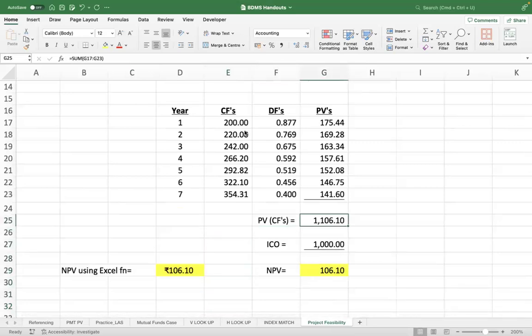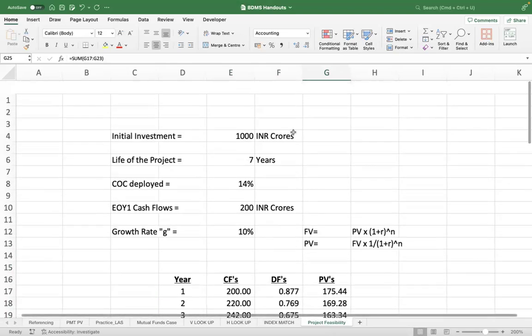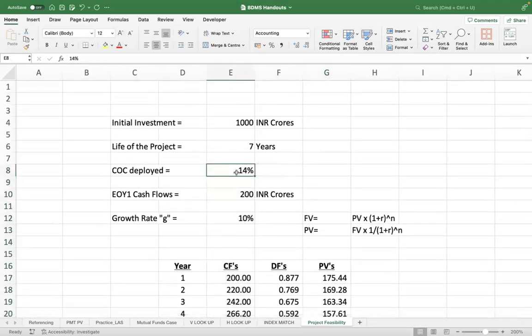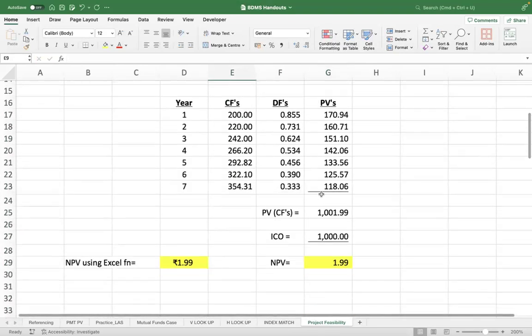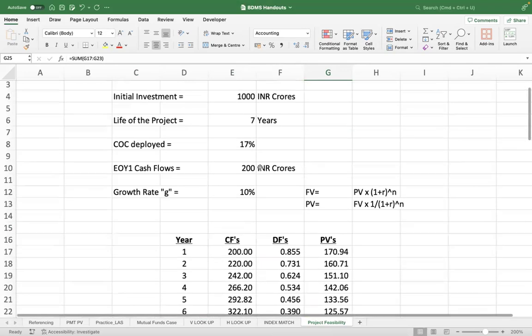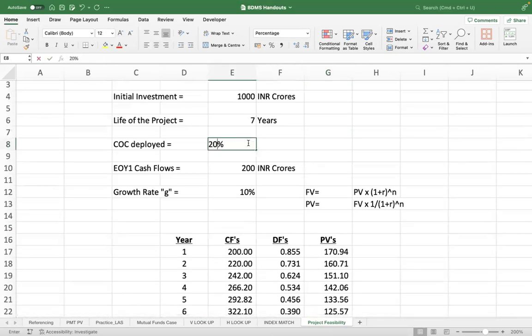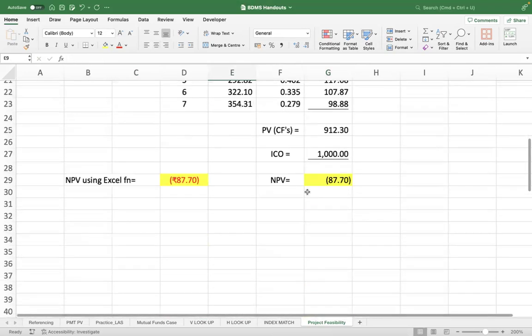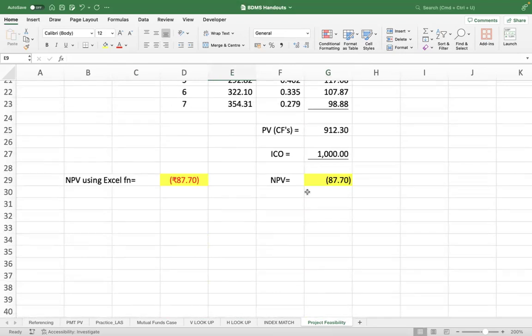It comes down to 1100. If I change it to 17%, your NPV comes down to almost same. If I bring it to 20%, your NPV becomes negative. Are you getting it?